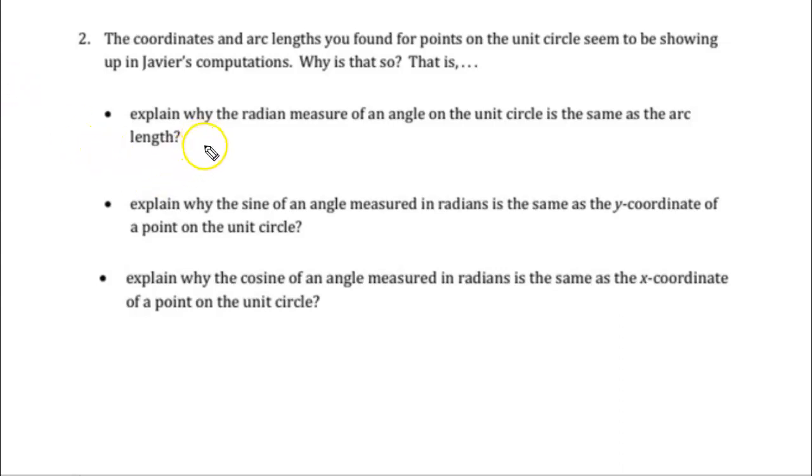Explain why the radian measure of an angle on the unit circle is the same as the arc length. If we think back to the definition of a radian, back in the circle unit, we said that a radian measure is the ratio between the arc length and the radius. It's just a proportion. It is a ratio of the arc length divided by the radius.